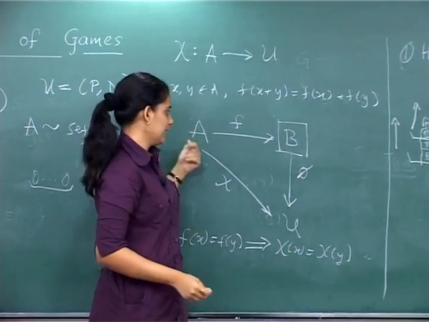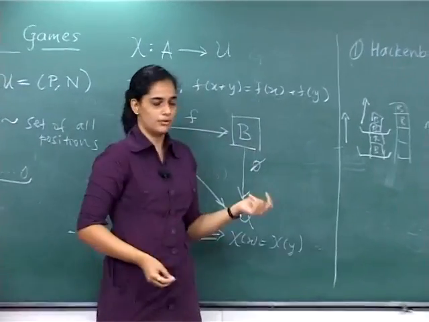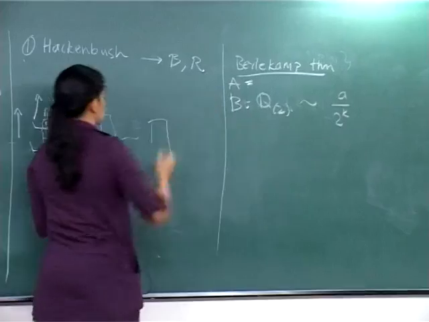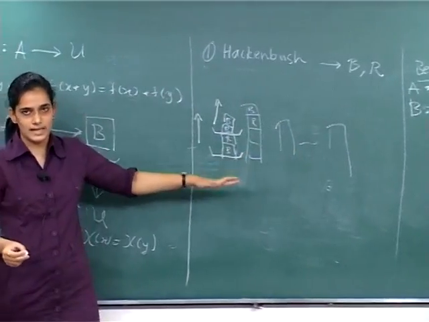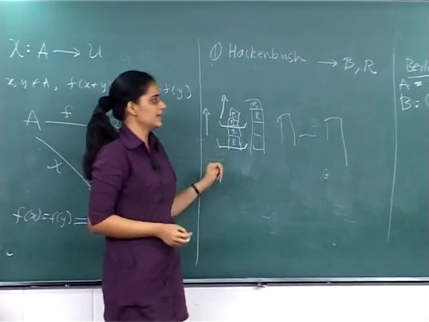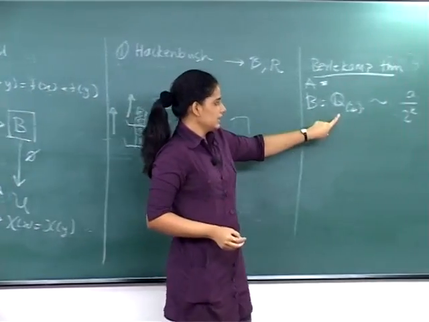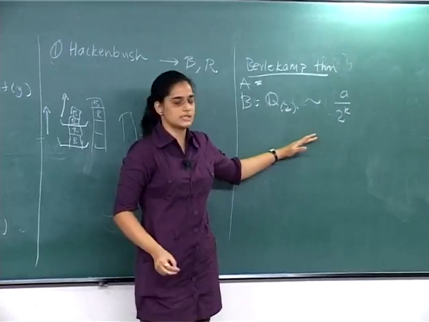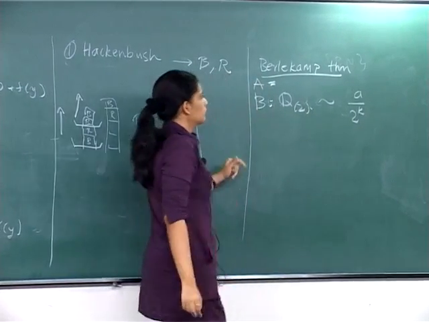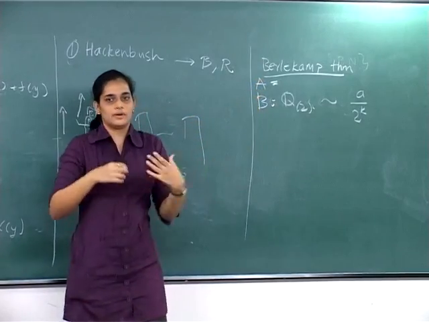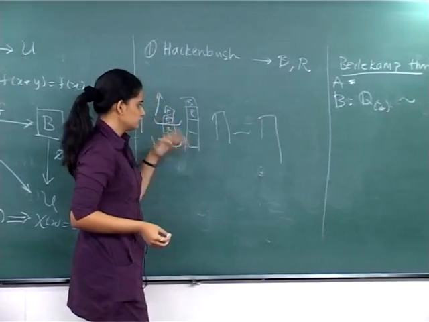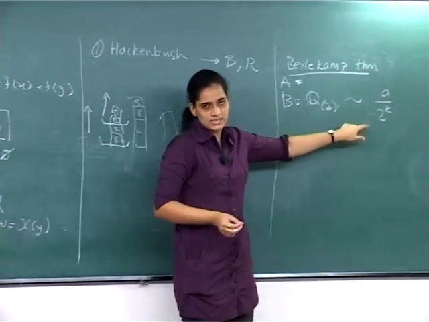So my set A, or the heap monoid, I define as the set of all possible configurations of piles with blue and red counters. My set B is the set of all rational numbers which have 2 to the power k in their denominator. So now Berlekamp gave a representation, a way of mapping a given pile to a number of this kind.